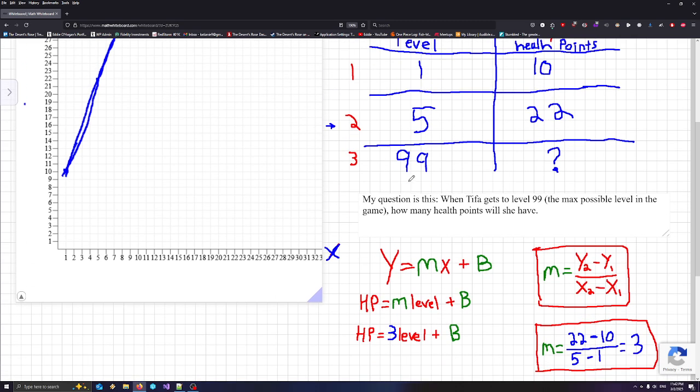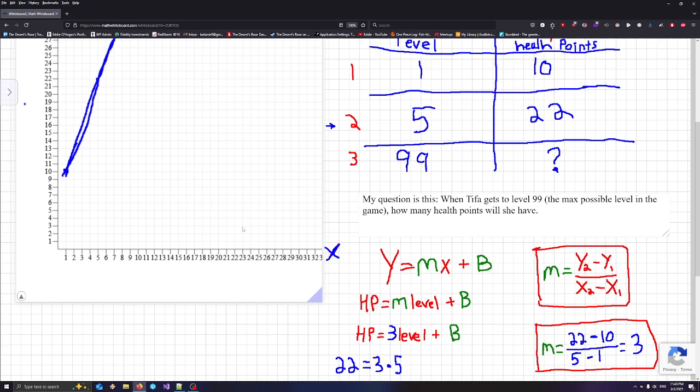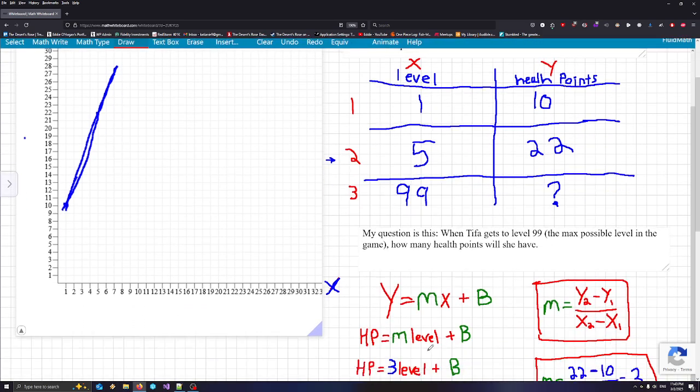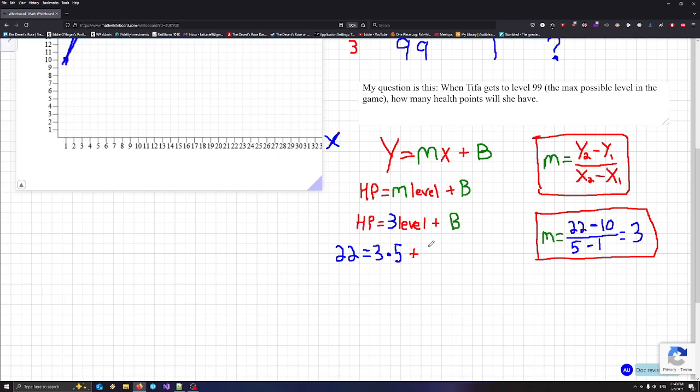So level, if we follow that, as you can see, we plug in 22 for the health points equals 3 times the level, so 3 times 5, plus b. Because b is the one we're solving for. Trying to figure out what that value is.